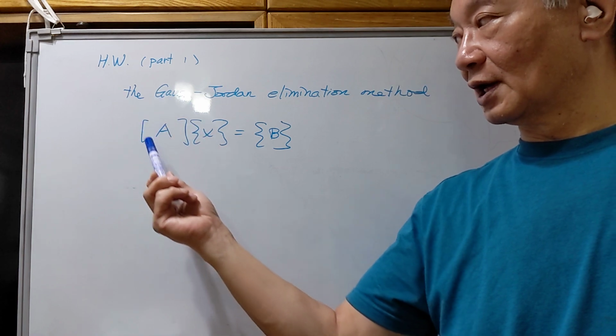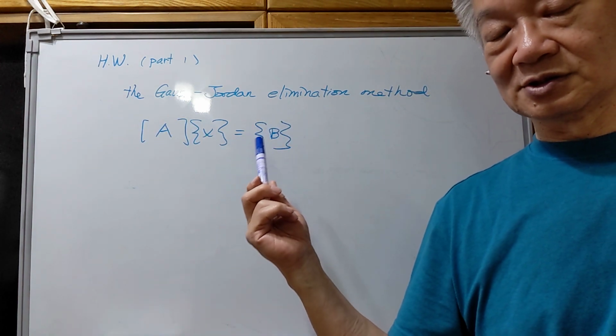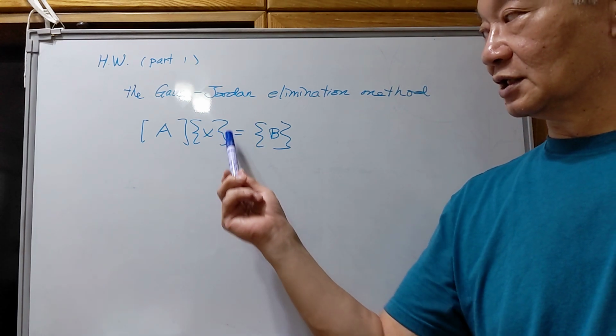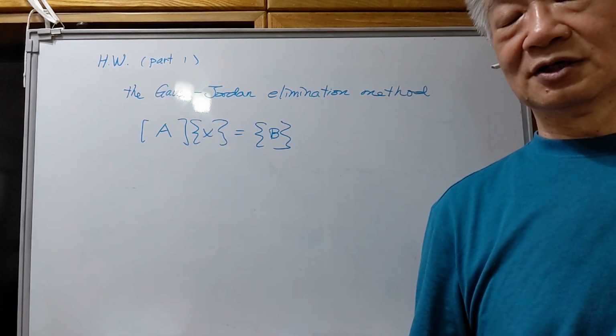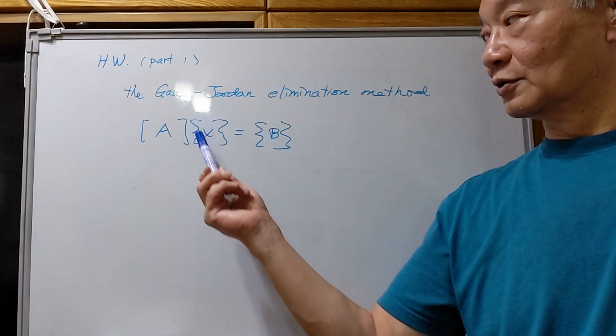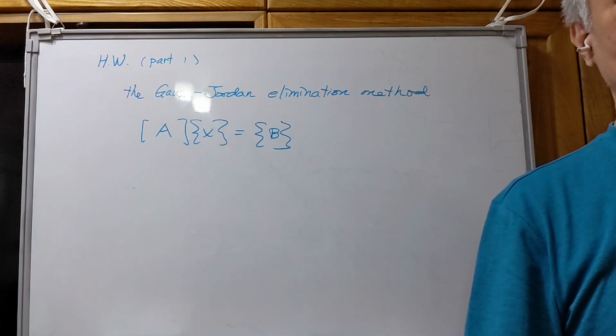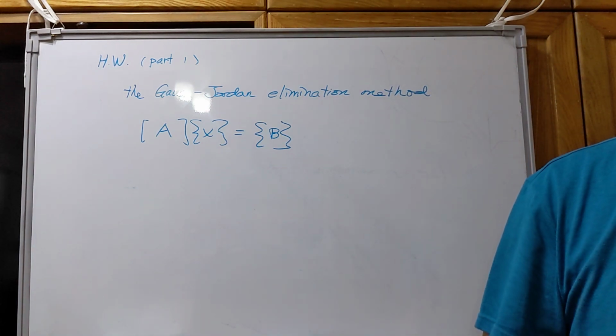So we know all elements in matrix A, and we also know all elements in vector B. The vector X is called the unknown vector, so all elements in it are unknowns.